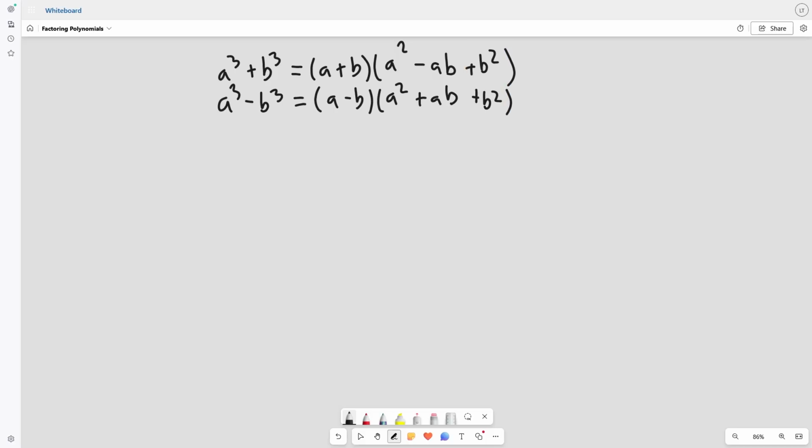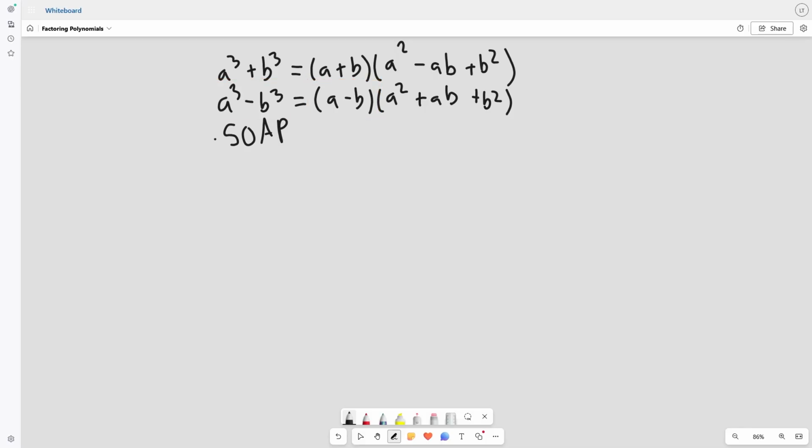So we have an acronym for this. It's called SOAP. What this means is these two signs on the sum of the cubes and the beginning a and b, the difference of the cubes and the beginning a and b have the same sign. So this S stands for same.